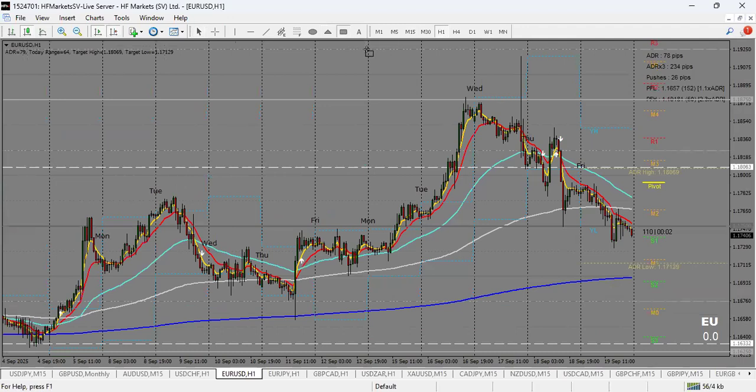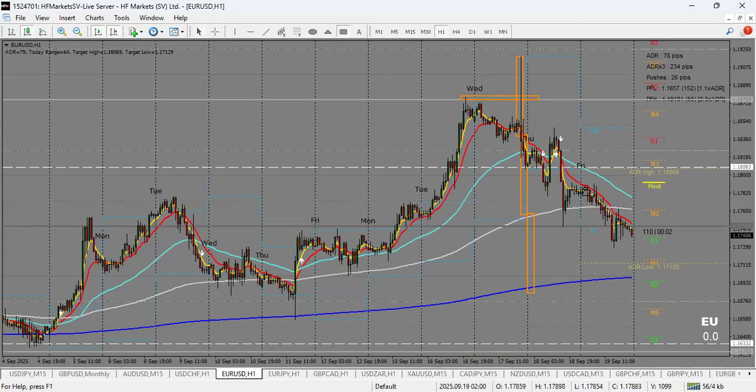So if we measure from this point where we have our peak, if we measure the ADR, we want to determine if this current market structure has been completed. So we still have a few pips to cover to this 800 EMA, and we also have the station zone right there.